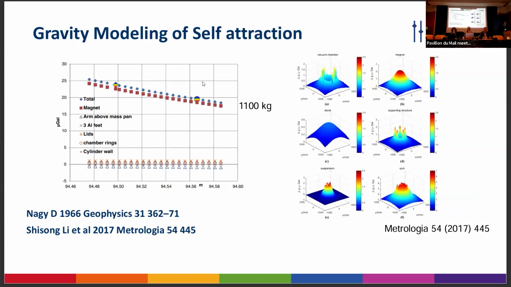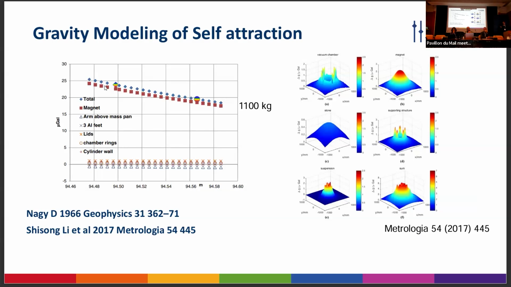This is Jacques Liard did this at NRC, and this modeled the gravitational changes due to all the components of the balance.